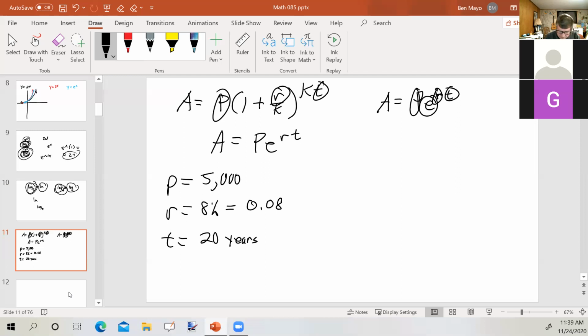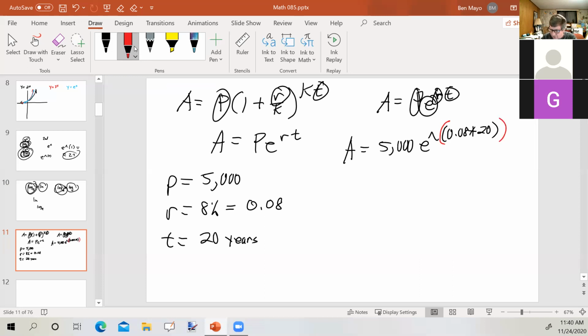So we want to find A. So A equals 5,000 times E raised to the 0.08 times 20. Now, we can take 0.08 times 20, predetermine that and go from there, or we can just do the whole calculation all at once. If we're going to do it all at once, we have to be sure to put parentheses around that entire product of the exponent. So again, you can predetermine that and go from there, or you can just do it all at once.